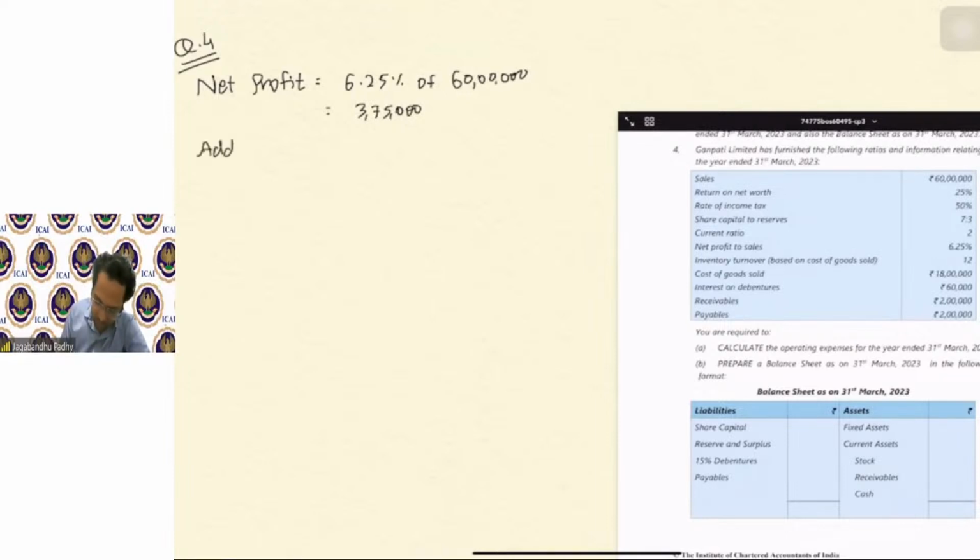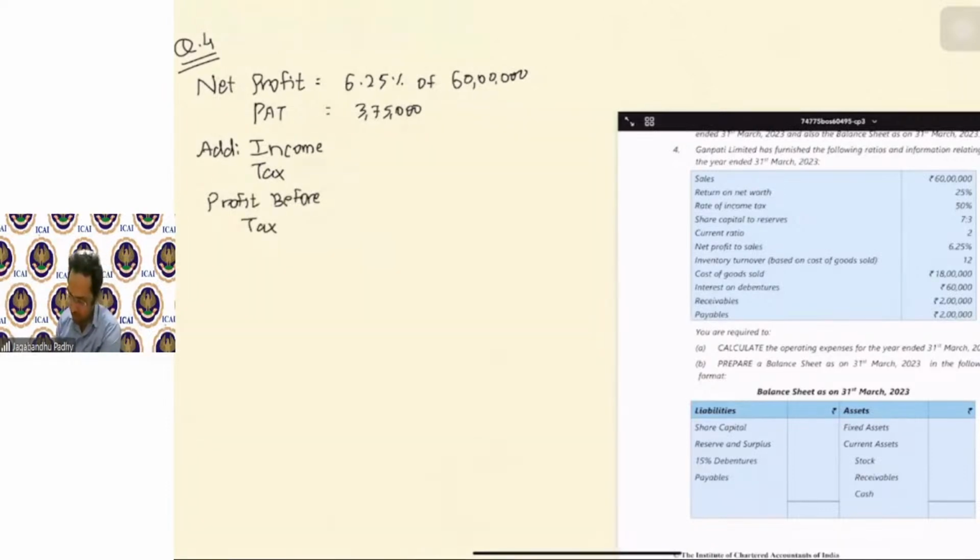Obviously this is our profit after tax. We will add the income tax on this so as to arrive at profit before tax.